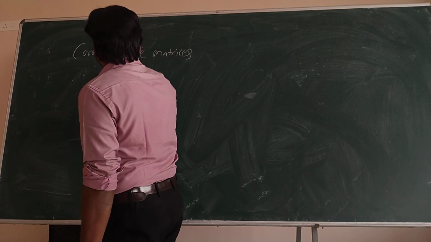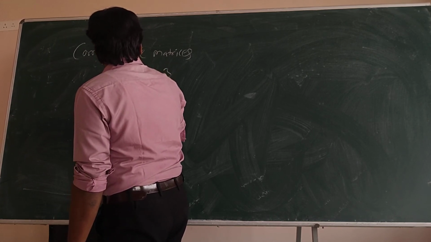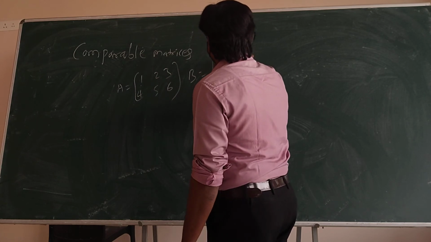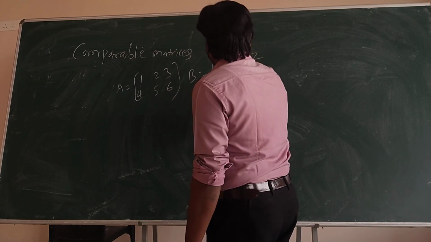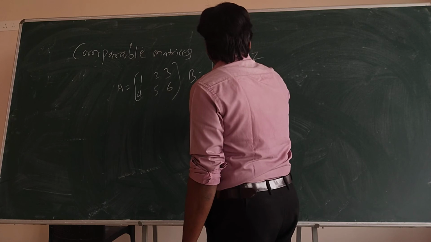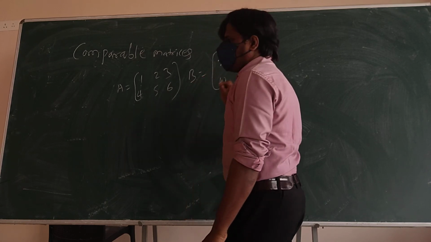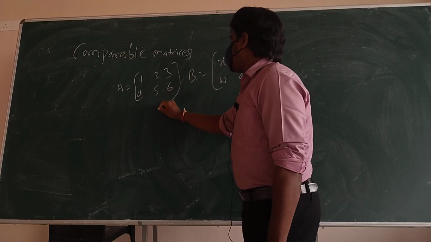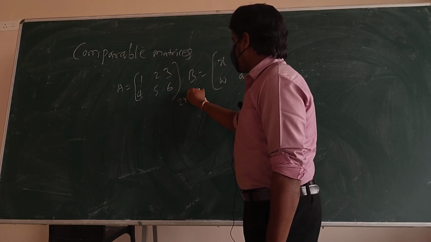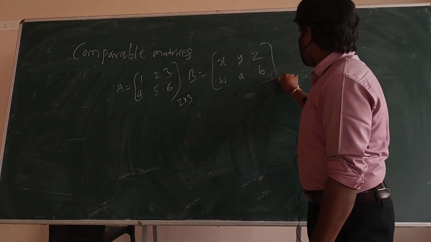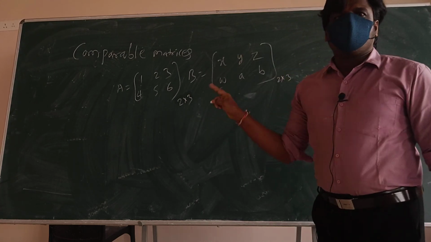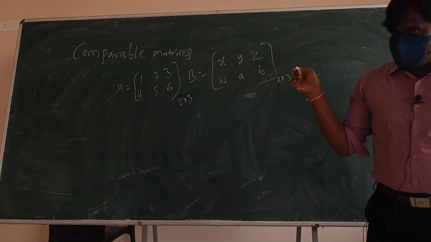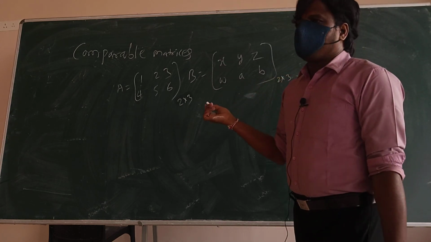Suppose A is equal to 1 2 3, 4 5 6 and B is equal to X Y Z, W A B. Suppose you have it like this, and the order of the matrix is 2 by 3. The order is the same, so comparison can happen. The comparison can be anything.